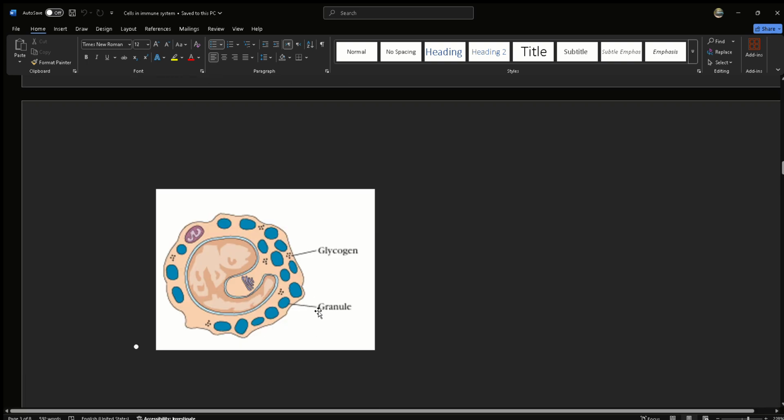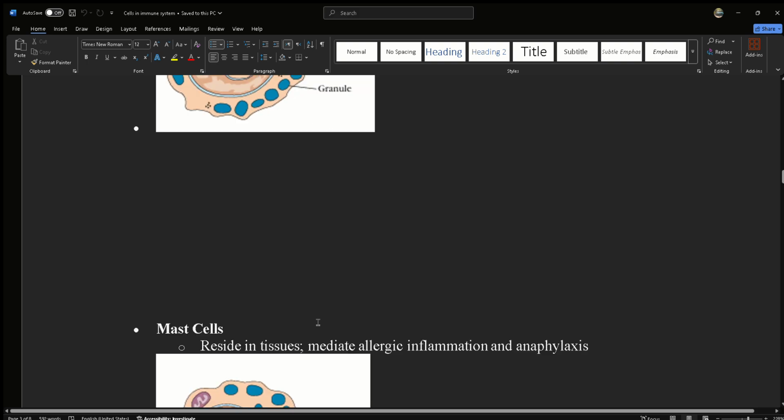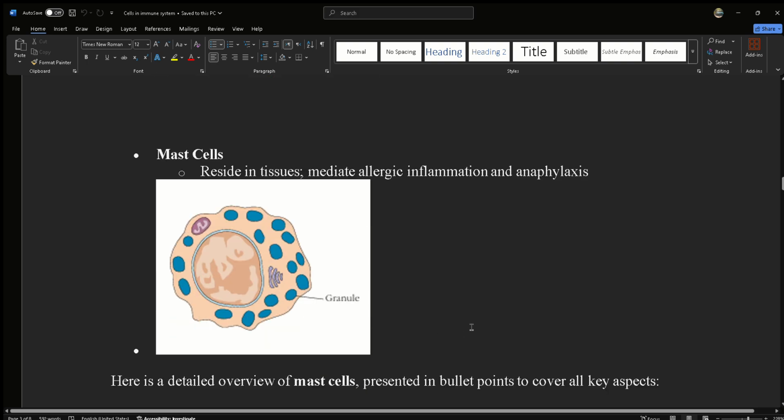So they have granules in packets, and they will be released when the allergen comes, and then the allergy response will be produced. But the most active one in type 1 hypersensitivity are the mast cells. Mast cells reside in tissues and mediate allergic inflammation and anaphylaxis, and they have packets filled with histamine.